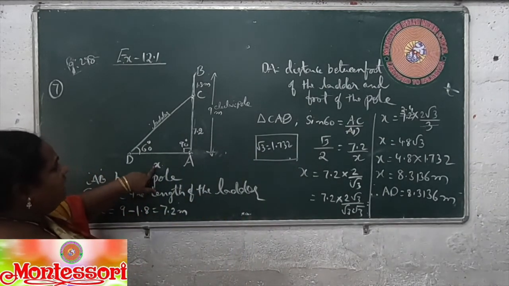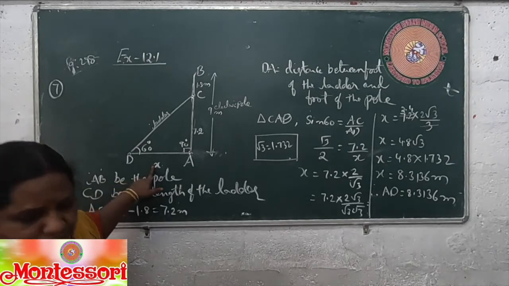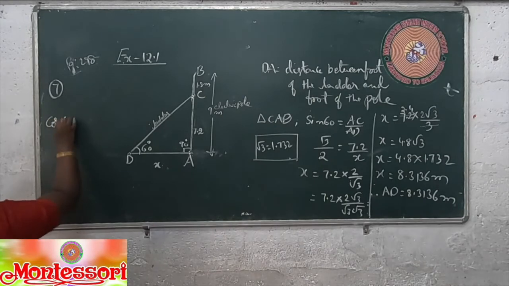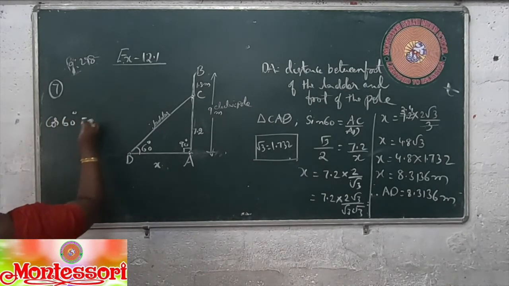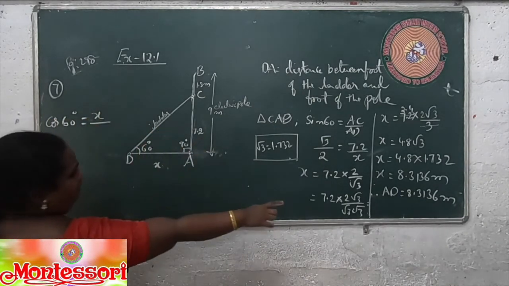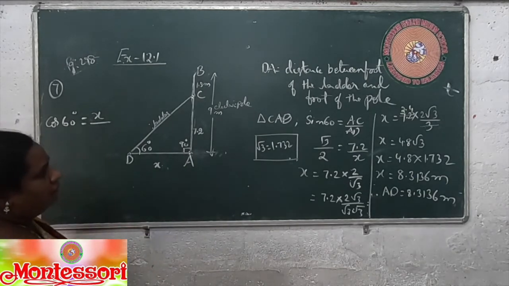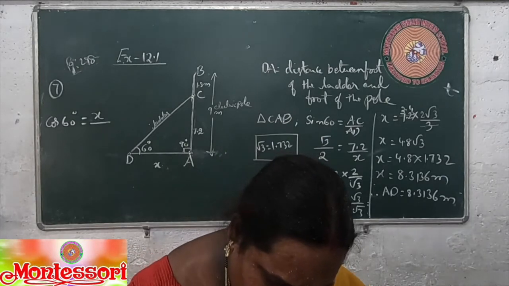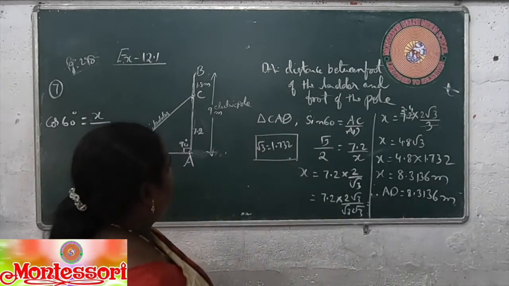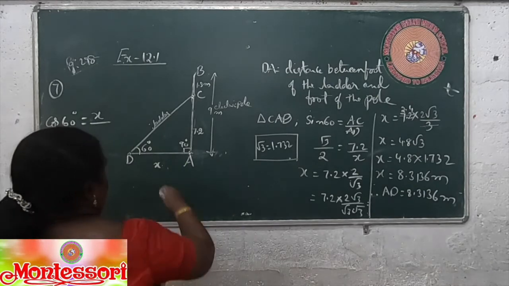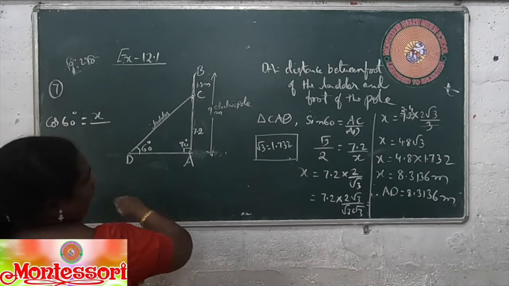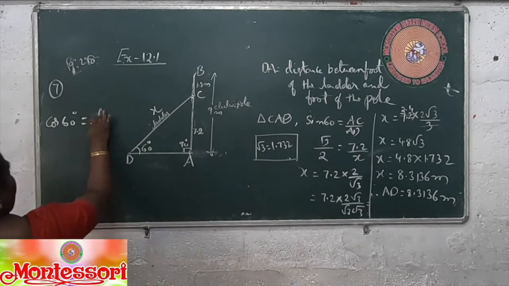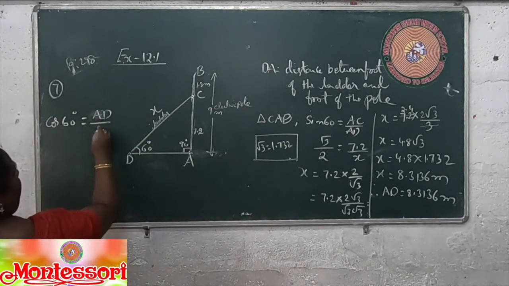In the same way, you find the value of cos 60, because I want this adjacent side. To find the adjacent side, I want cos 60. So cos 60 is equal to adjacent by hypotenuse, that is AD by x.